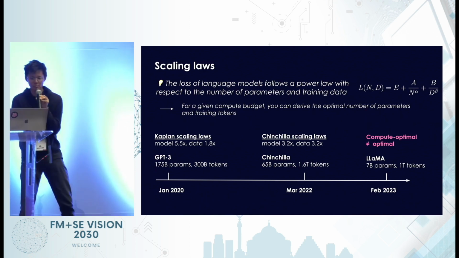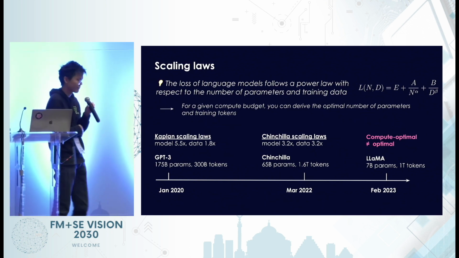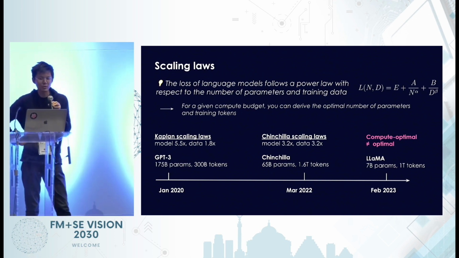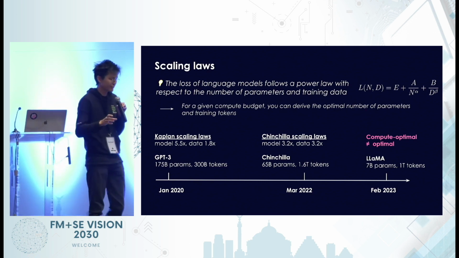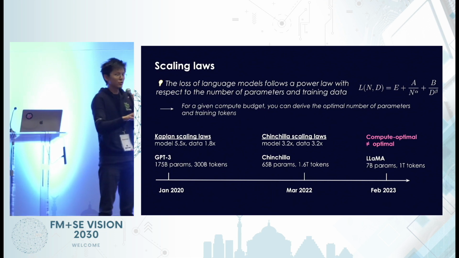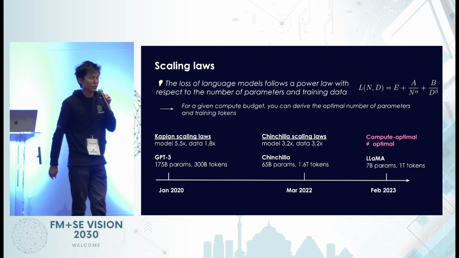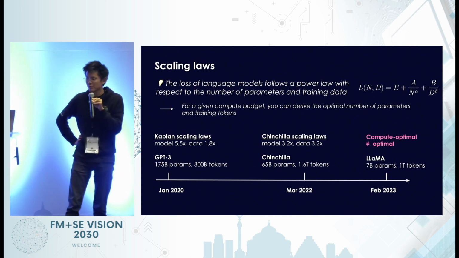You probably heard about that, but scaling laws basically are a set of empirical experiments that try to derive a relationship between the size of your model, the size of your training data set, and your performance, so your training loss basically. And it actually works pretty well.